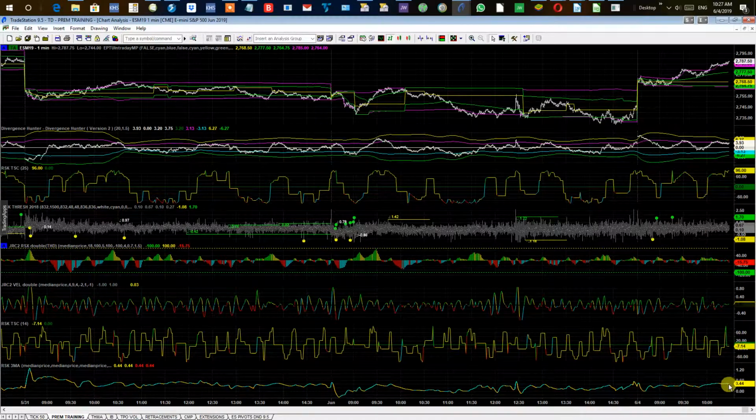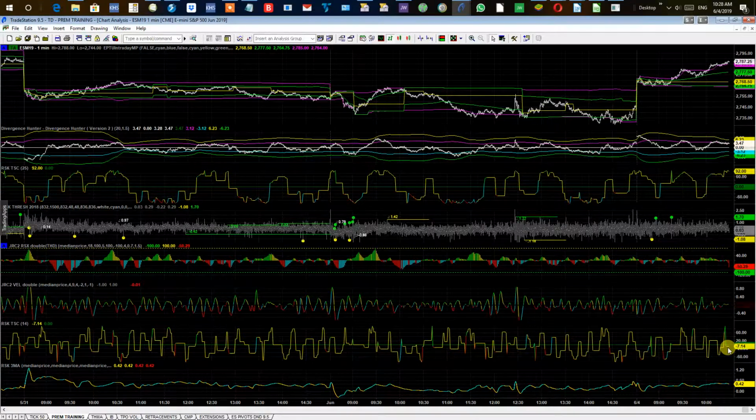Notice where the premium is. Still moving up. But the TSC indicator has dropped. Okay, we just hit 88. It's pulling back.